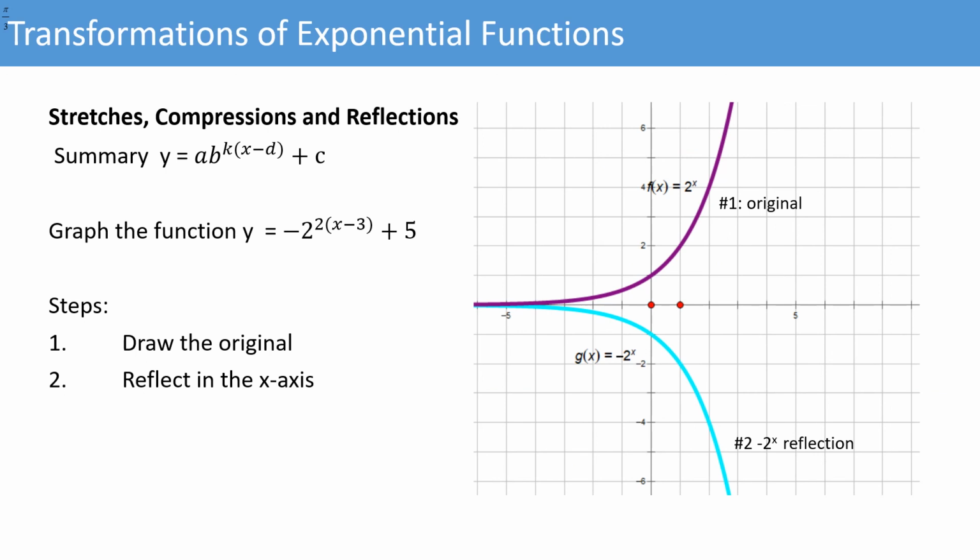So if we take the summary of y is equal to a b to the exponent k times (x minus d) plus c, and we graph an example to illustrate this of negative 2 to the exponent 2(x minus 3) plus 5, we drew the original, which is the dark blue color, and now we have our reflection for number 2, which is in the aqua color.